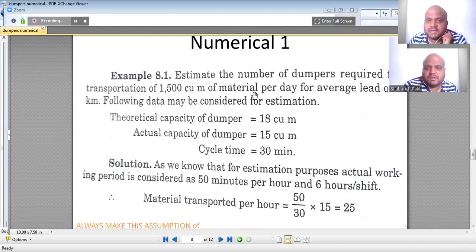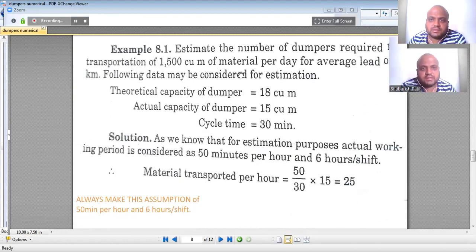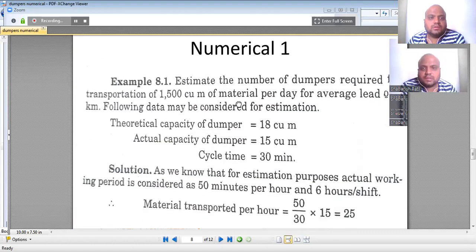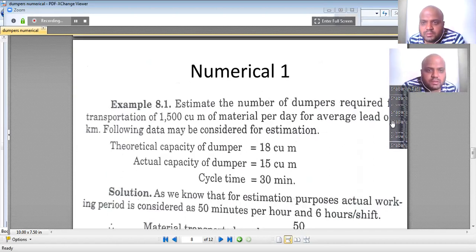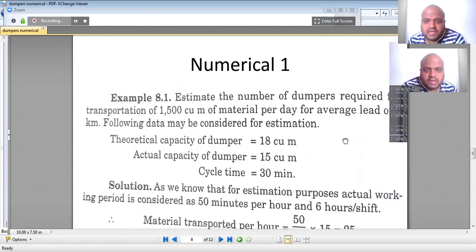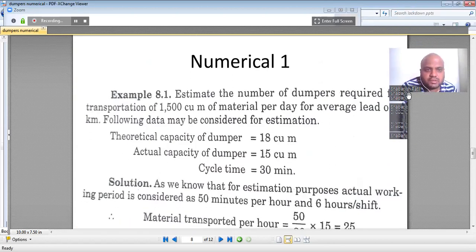So the problem says like this: estimate the number of dumpers required for the transportation of 1,500 cubic meter of material per day for an average lead of 4 kilometer. The following data may be considered for estimation.